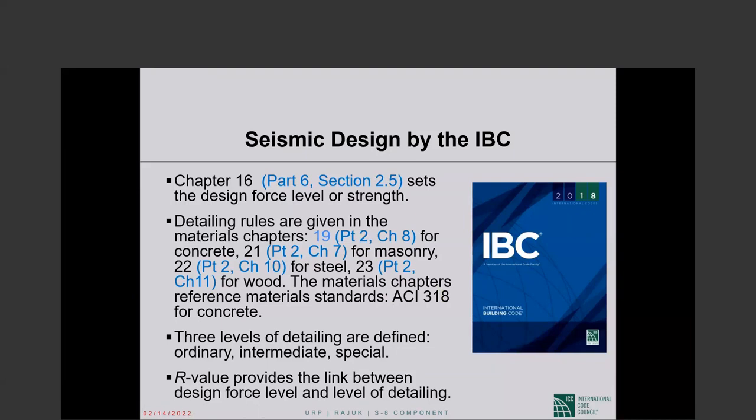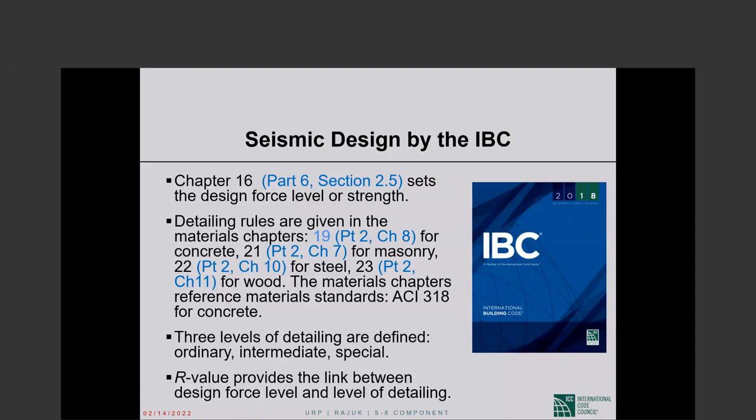Okay, so that's where the detailing requirements are for the various materials, and those chapters reference material standards. Part 6, Chapter 8 and Part 6, Chapter 6 reference ACI 318-08.